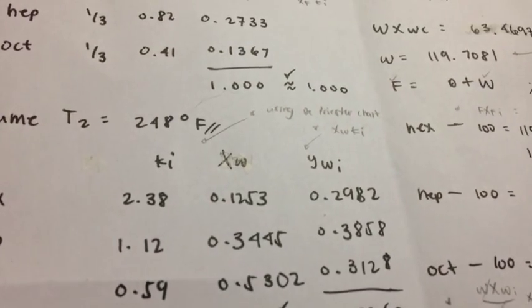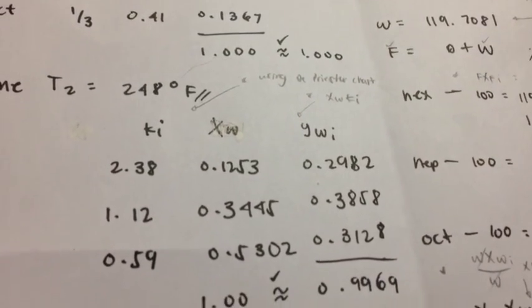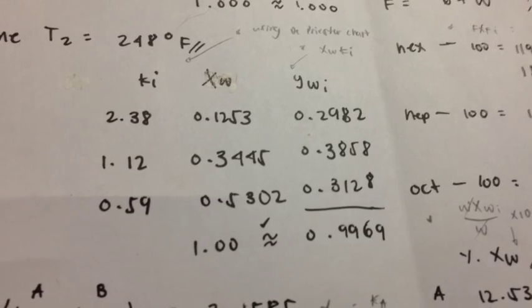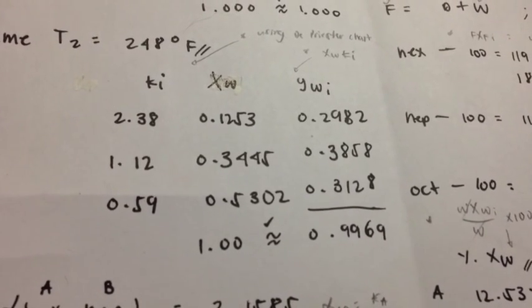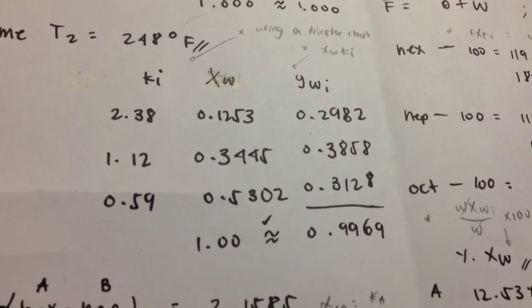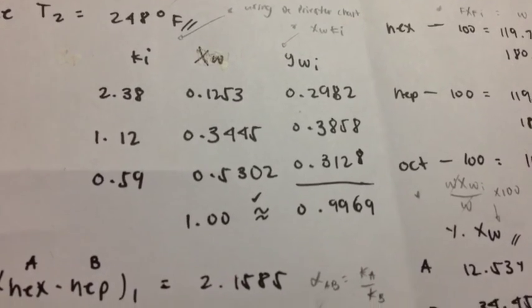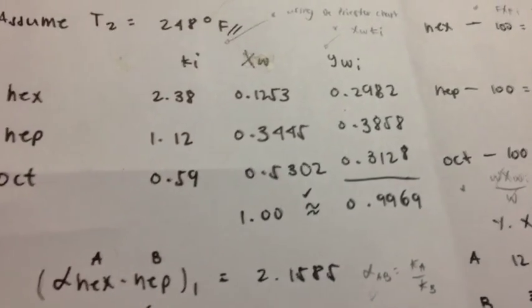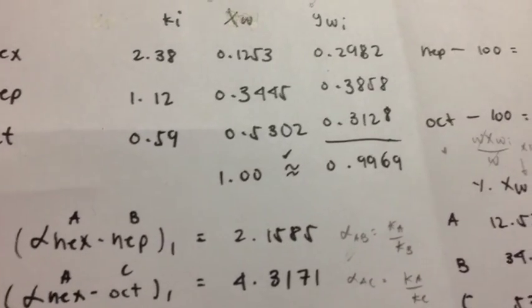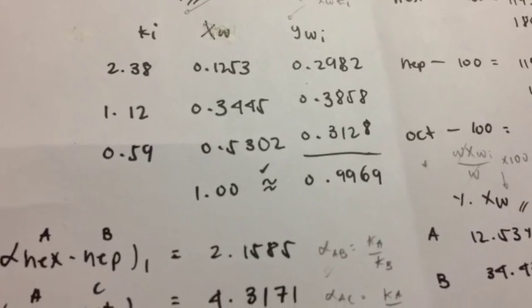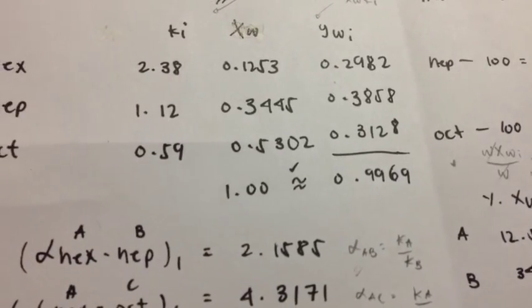Then to obtain YWi, we simply multiply XW and Ki. So we get 0.2982, 0.3858, 0.3128. If you get the summation of YWi, you get 0.9969, or almost equal to 1.00.